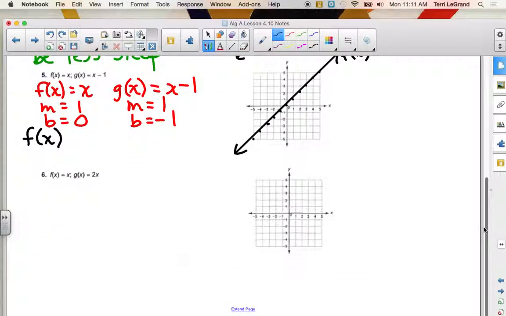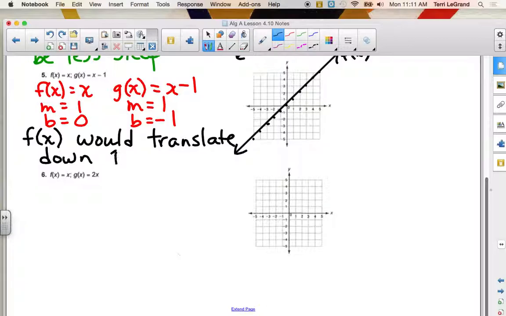Anybody want to offer up what they think is going to happen? Stefan? It will go down to 1. Oh, f of x would, and what's that called? Translate, would translate down, how much? 1 unit, yeah, down 1 unit.